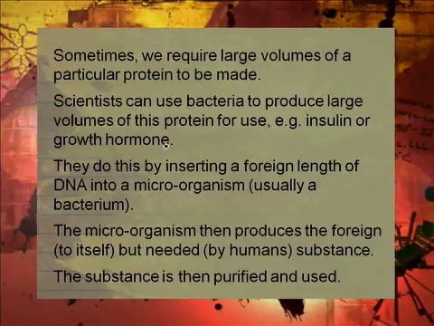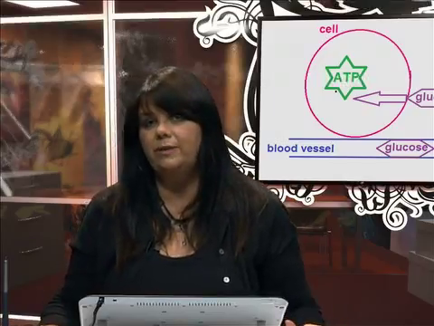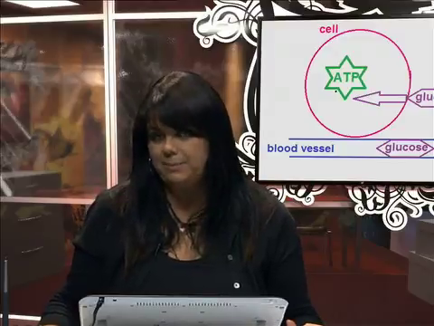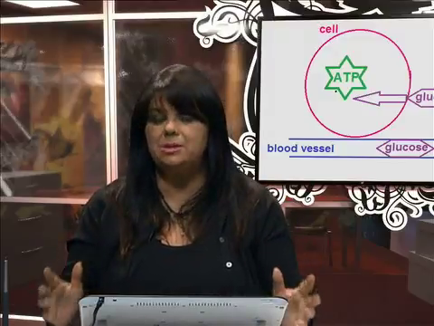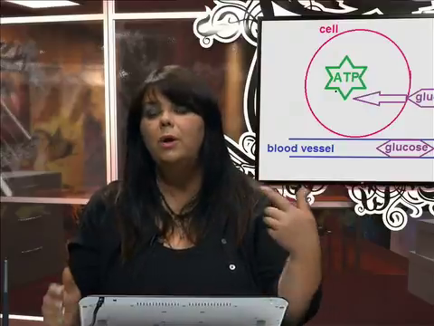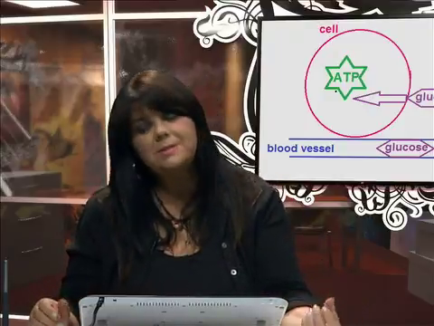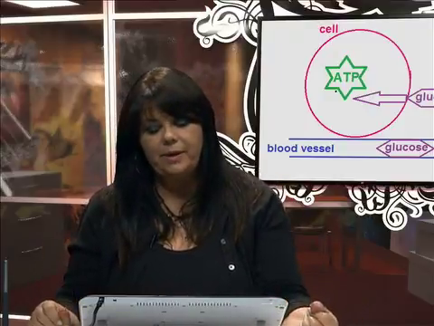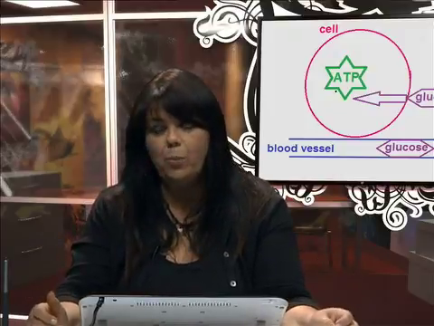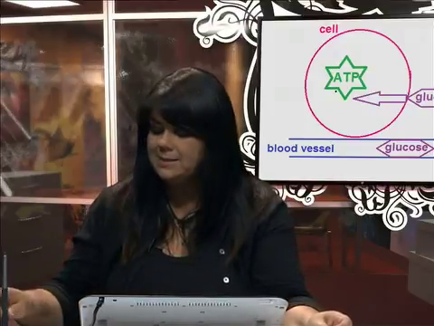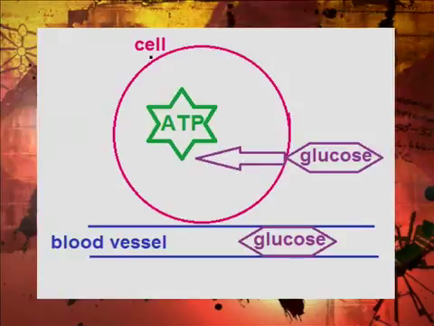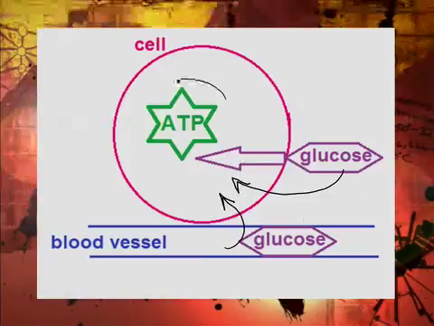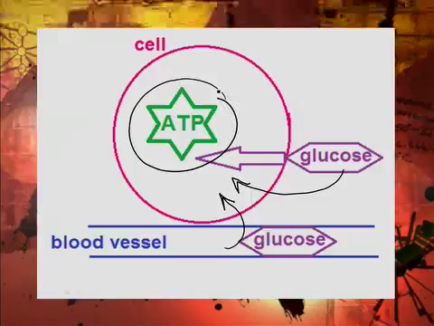Now we're going to look at the situation involving type 1 diabetes, but the same situation applies for growth hormone or the manufacture of vaccinations. It's the same process. What we have in a type 1 diabetic is the cell requires glucose to get into the cell from the blood in order to produce ATP.